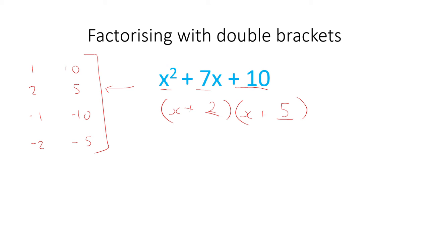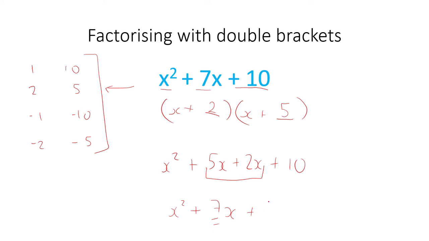The way we know we're right is we can expand those brackets. So x times by x, x squared, x times by 5, 5x, x times by 2, 2x, and 2 times by 5, 10. We can see here that those two numbers have to multiply to give plus 10, and when we collect like terms, we add up the two numbers inside the brackets to give you that 7 term.